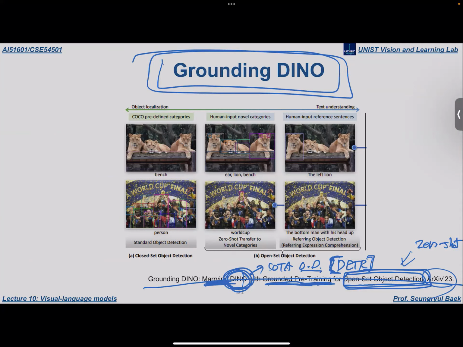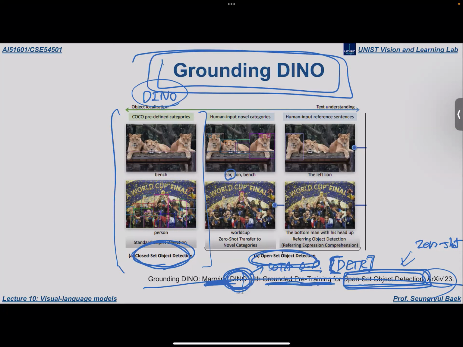And another thing you have to see here is the closed set object detection we usually perform. This is what DINO records as the SOTA. But here the thing is open set object detection.